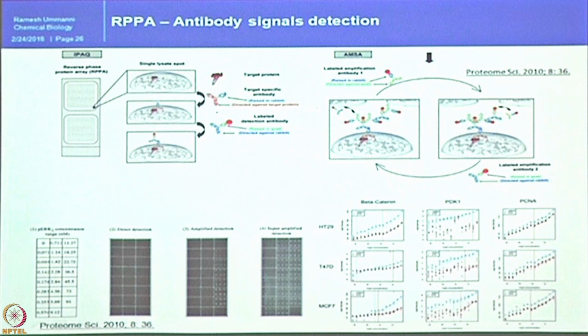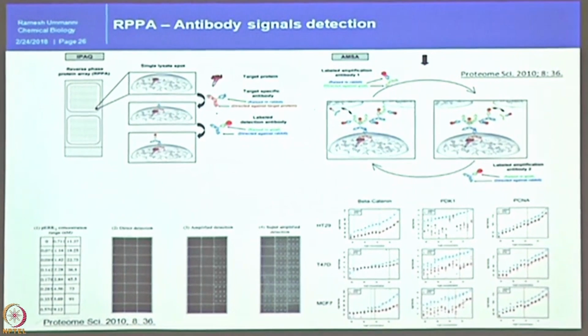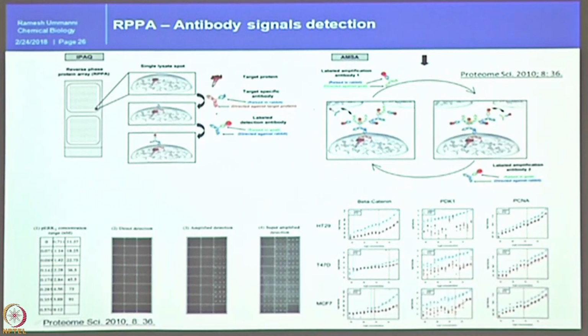That means we are increasing the binding of labeled molecule to the protein of interest by repeating the signal amplification method. The only thing is we have to cleverly choose what kind of antibodies to be used in the cycle: primary, secondary and tertiary, tertiary to quaternary. This is the kind of cycle we have to repeat.